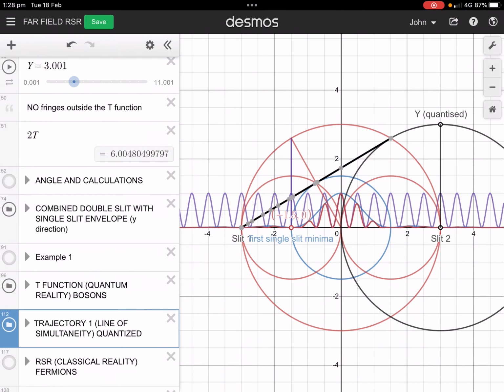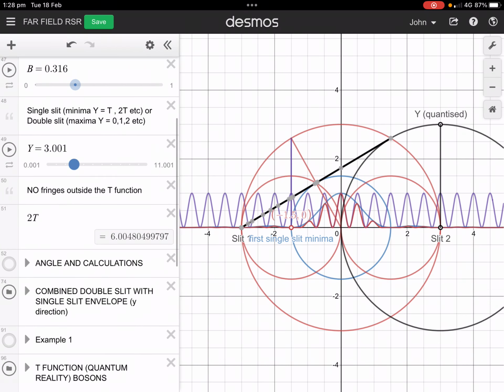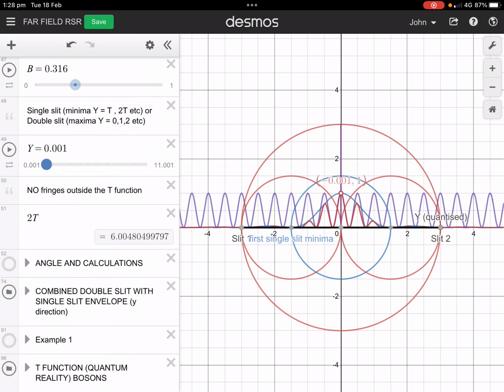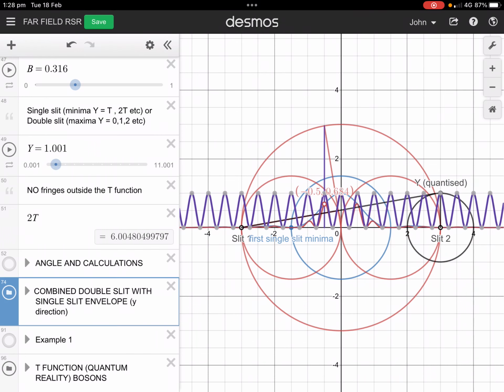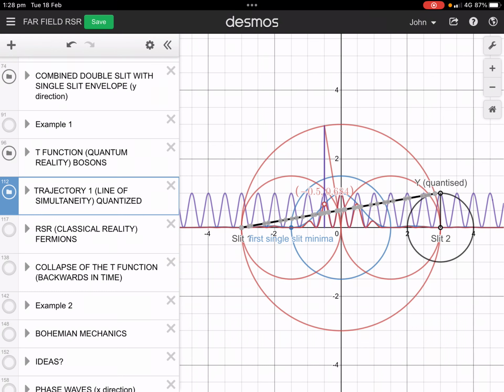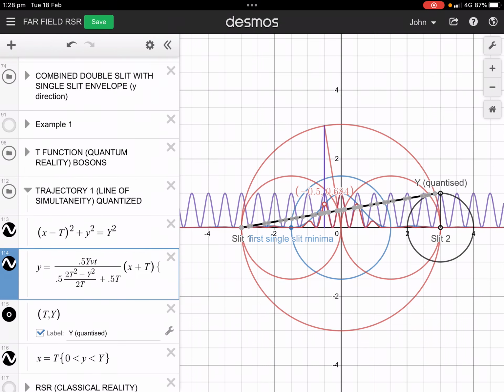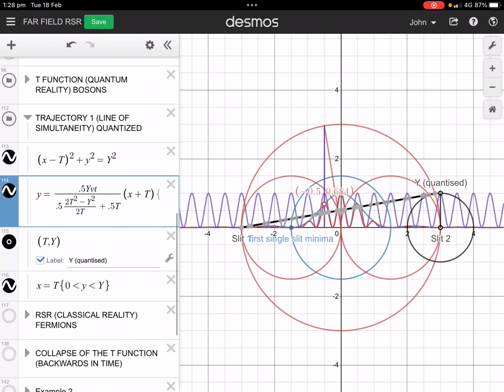This is always a right angle here, and so it seems like that black line is actually the line of simultaneity that we know from special relativity, and it seems to be quantized.